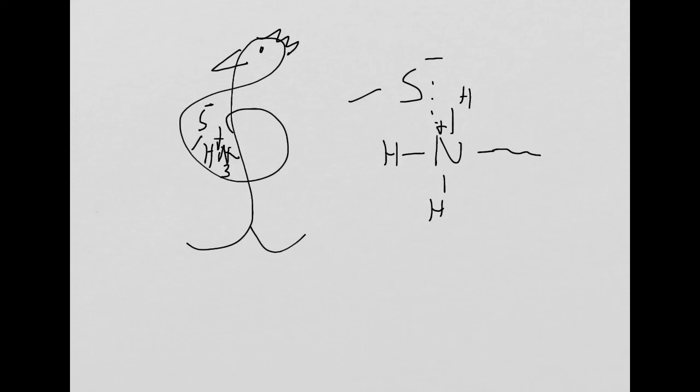What happens if you decrease the pH? If you decrease the pH, sooner or later there comes a point where this S minus becomes an SH. When the pH goes down, when the proton concentration goes up, we have an SH. Can this SH still form this electrostatic interaction? It can't.